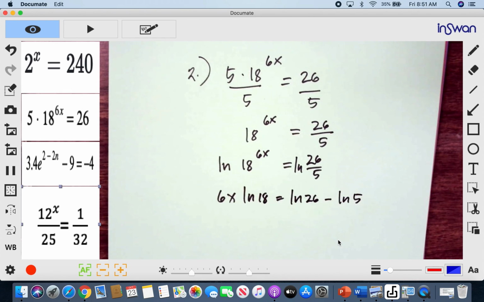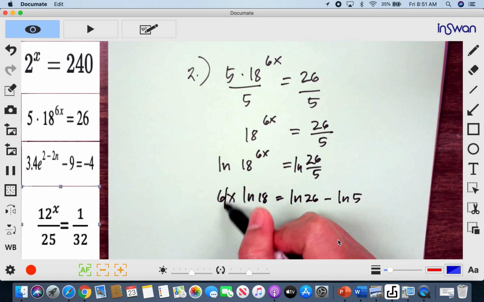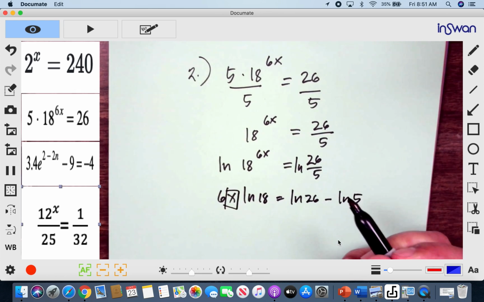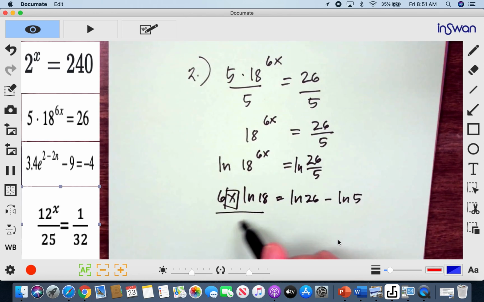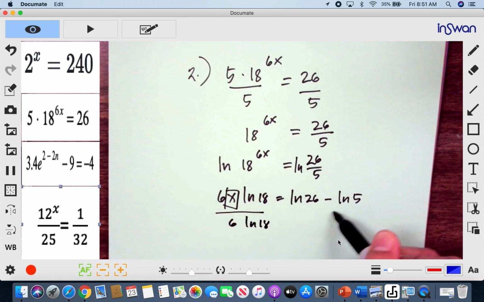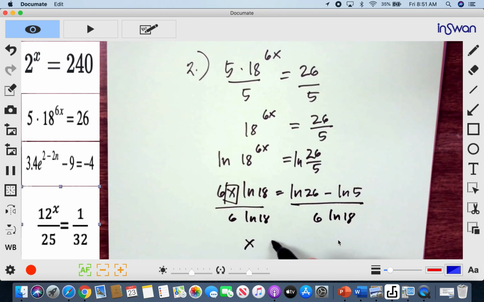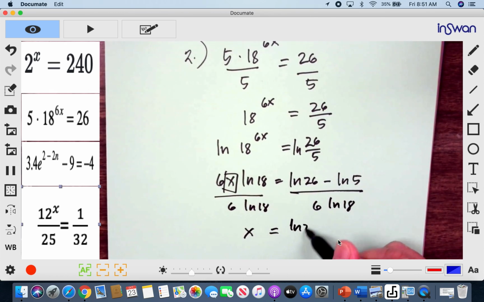We're doing this because we want to obtain the exact value of our x. Now we have to isolate x, and so we need to divide both sides of the equation by 6 ln 18. And so therefore x is ln 26 minus ln 5 over 6 ln 18.